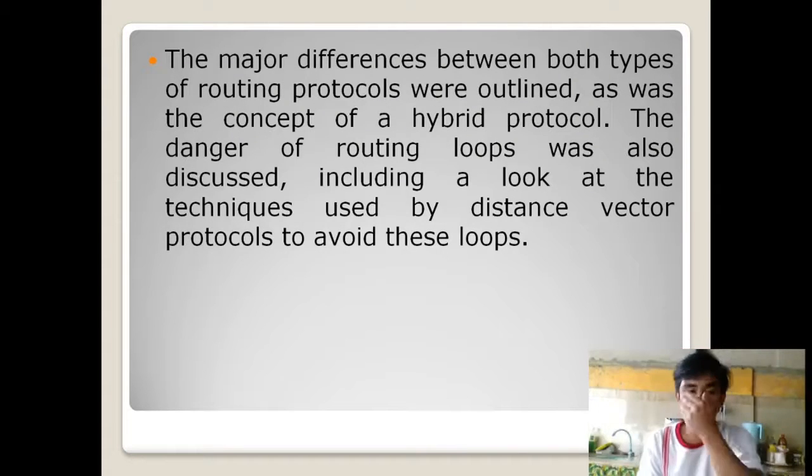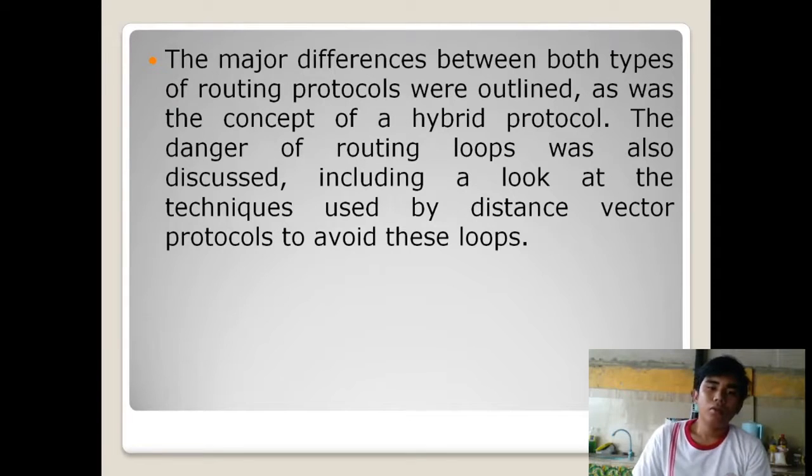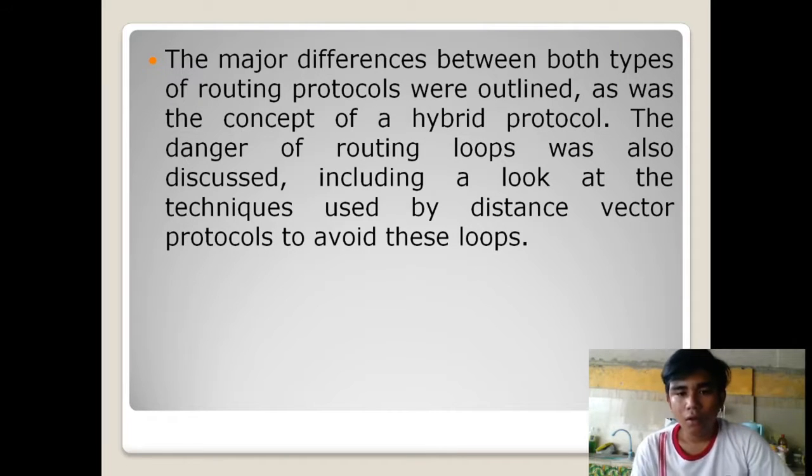The major differences between both types of routing protocols were outlined, as was the concept of the hybrid protocol. The danger of routing loops was also discussed, including a look at the techniques used by distance vector protocols to avoid these loops.